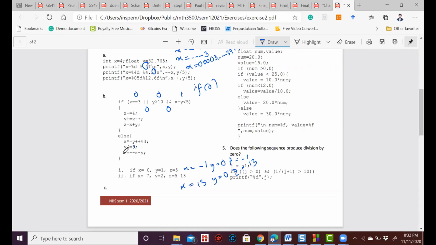If this one is 1, if true, then we do this one. If false, then go to else. So this one is for the first question.